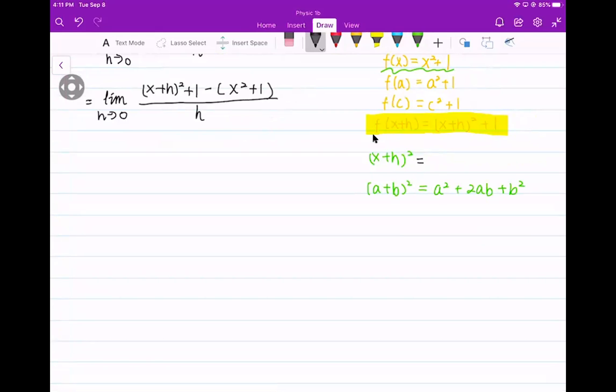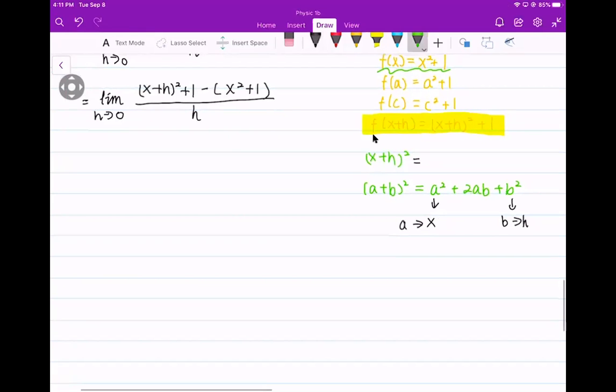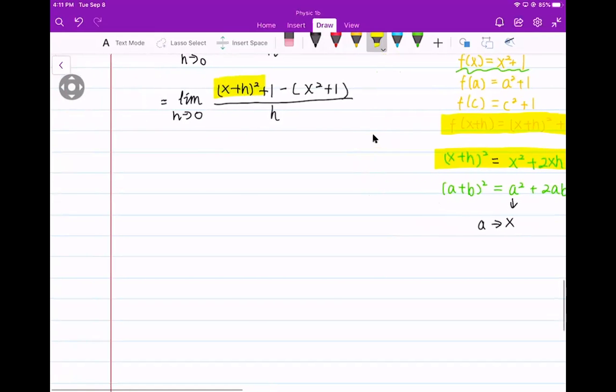We replace every a with x and every b with h. So we have x squared plus 2xh plus h squared. That's what we have for here. So this part equals this part. Now we just plug it in.